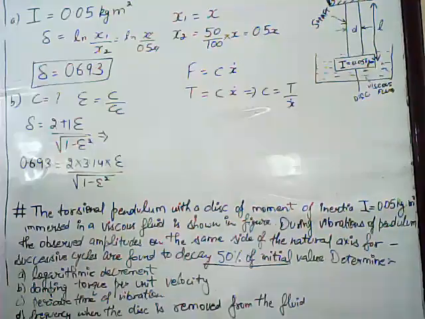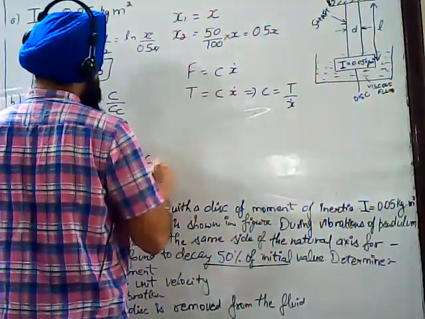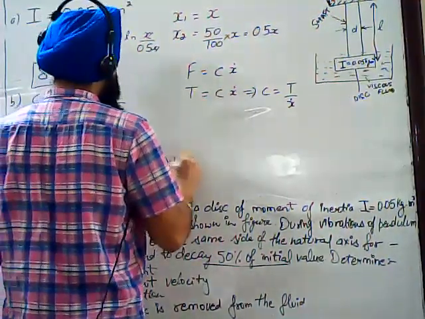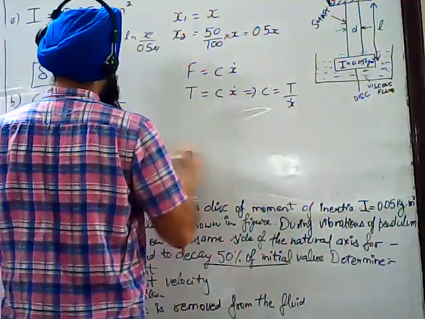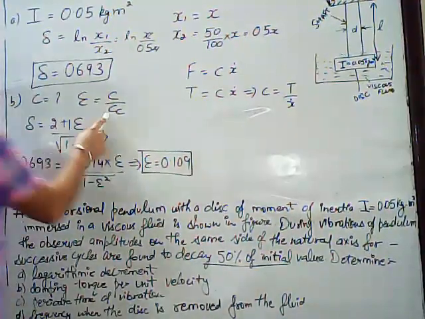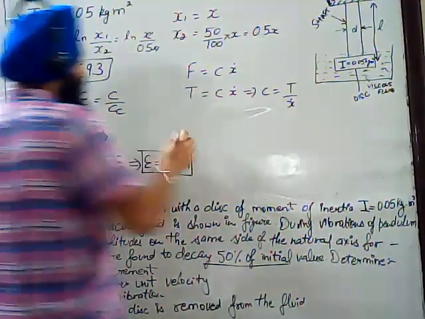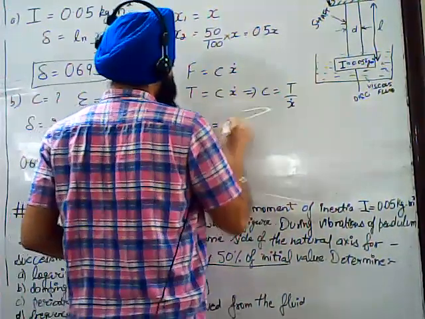Hence we can calculate the value of epsilon, or damping ratio, which is 0.109. Next, we have to calculate the value of Cc. We know that Cc is equal to 2 into root of Km.